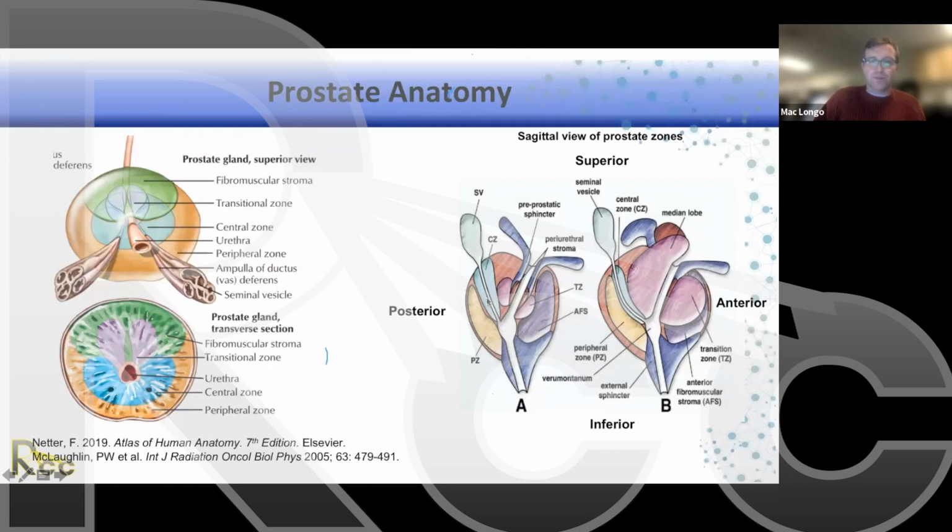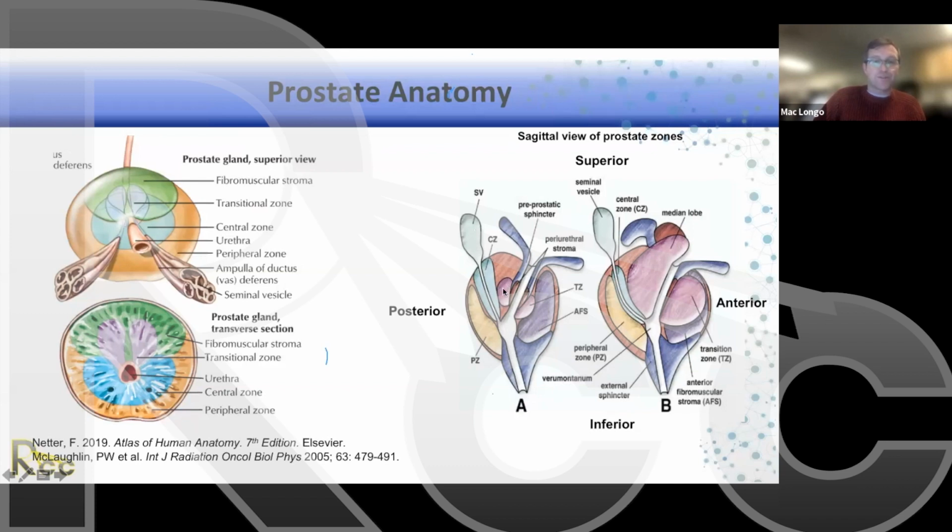The central zone in blue surrounds the duct that goes from the seminal vesicle to the verumontanum that contributes fluid to the semen. And the transitional zone in pink here surrounds the urethra as it passes from the bladder neck through to the prostatic urethra.